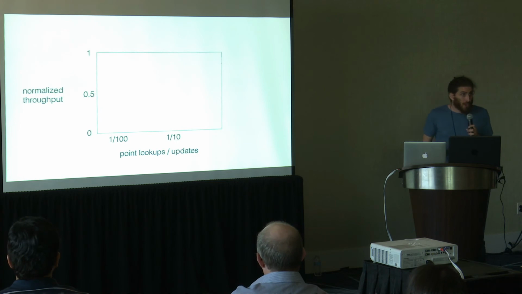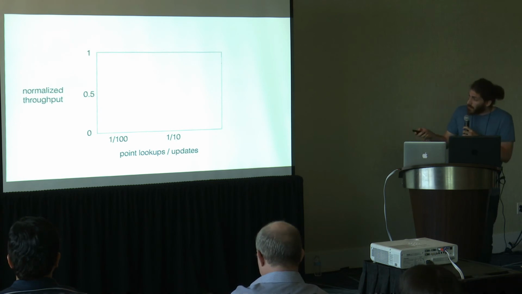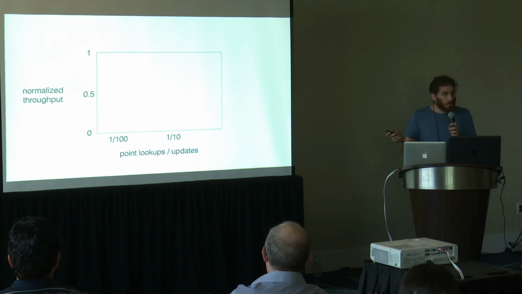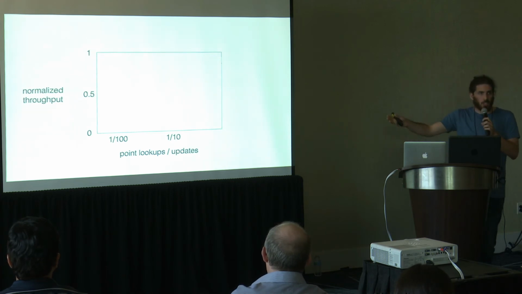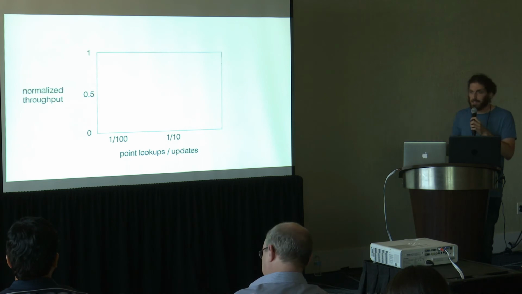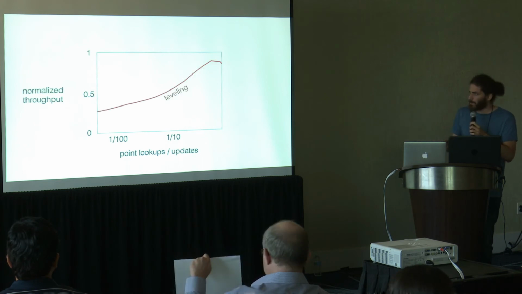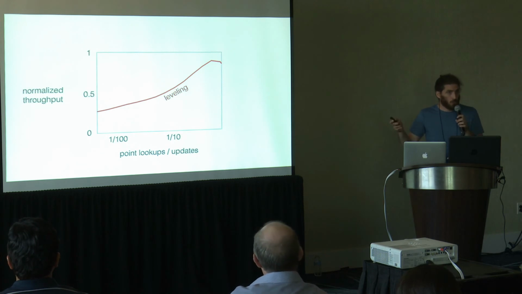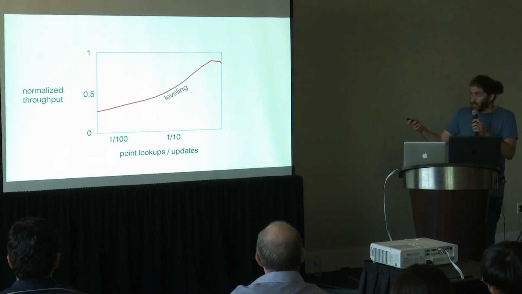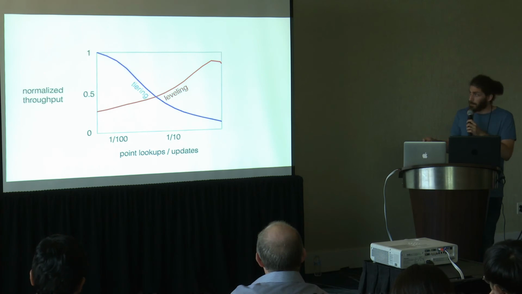So how does all that perform in practice? We made an experiment where we vary the proportion between point lookups and updates in the workload. This is a log scale, so we increase point lookups at an exponential rate across the x-axis. For leveling, performance generally increases as we increase the proportion of point lookups, because leveling is a read-optimized policy.